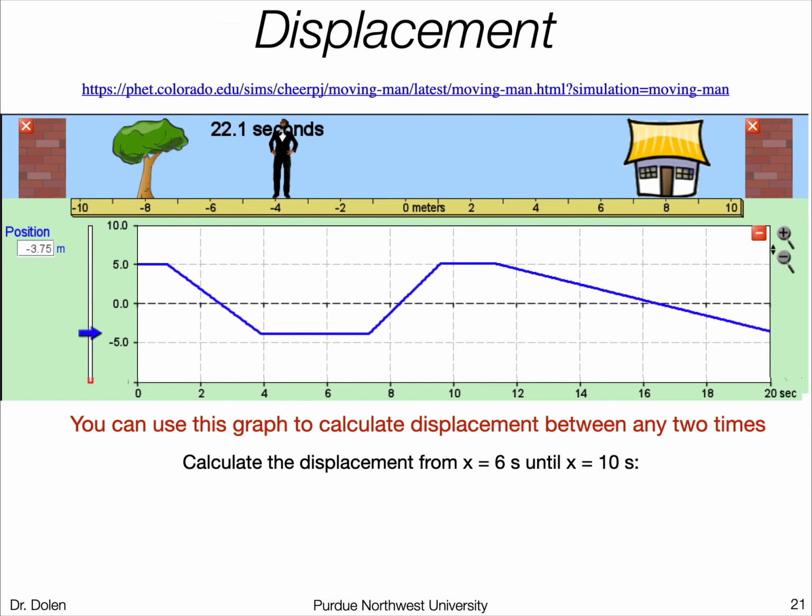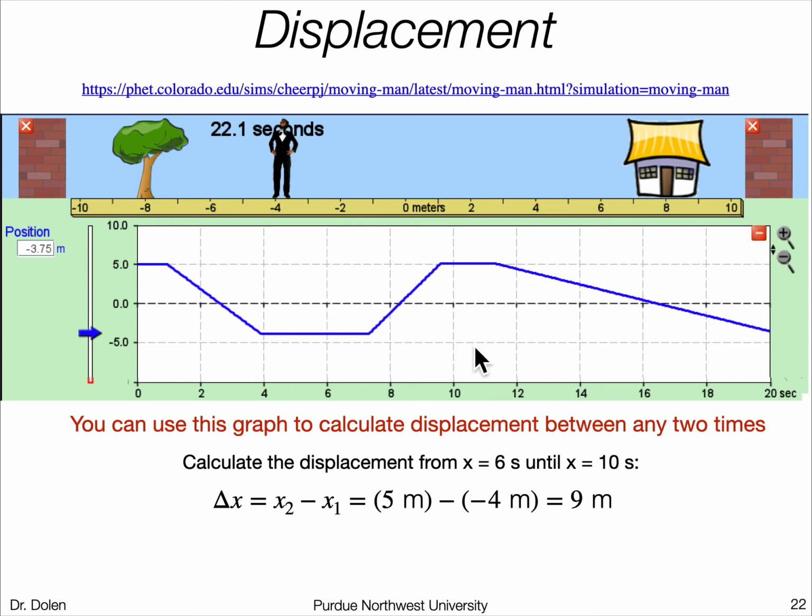Just as an example, if I gave you a graph like this, you could figure out the displacement. If I wanted to know the displacement from t equals 6 seconds until t equals 10 seconds, take a moment and try to figure that out. Pause the video if you want. But we can do that right now. At 6 seconds, I am at x equals minus 4 meters or so.